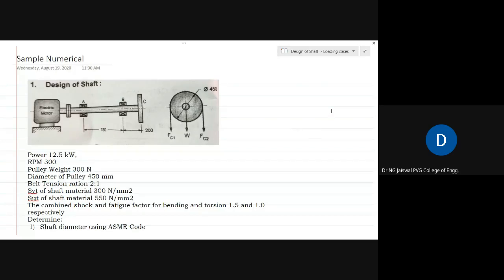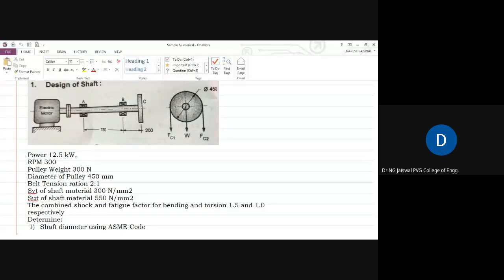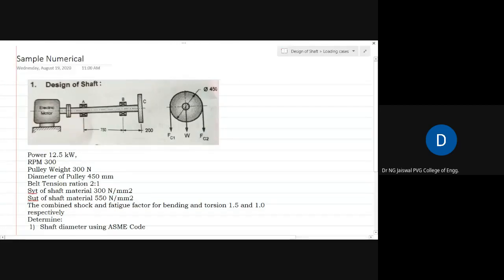The problem says that there is one electric motor, if you can see this diagram. This motor shaft, which is coming out of the motor, is coupled to the shaft, which is the shaft you want to design.